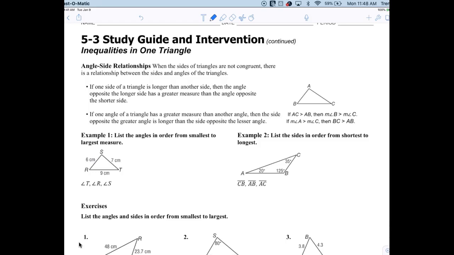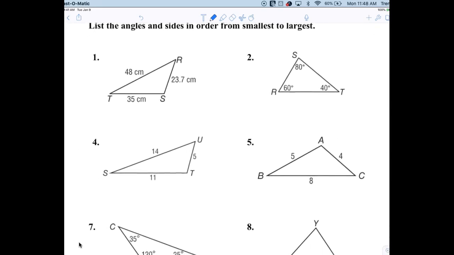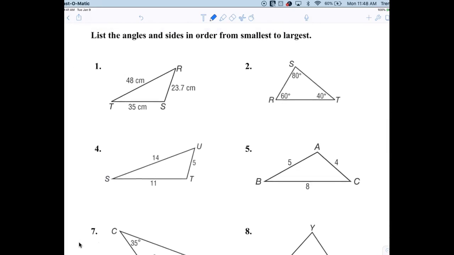All right, in this example, number 1, I want someone to tell me the smallest angle. The smallest angle would have to be angle what?